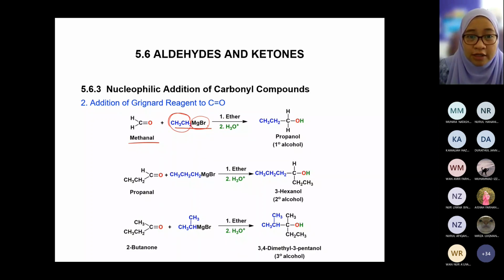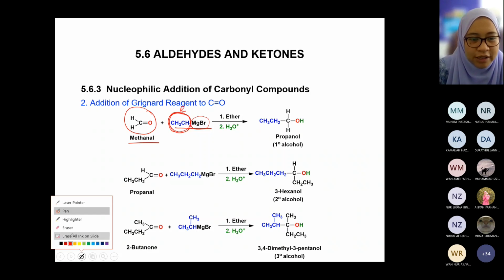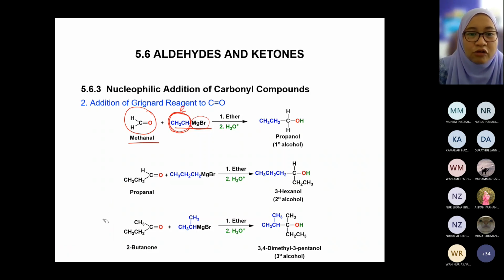Okay, dia nak masukkan this R group into this molecule, into methanol. Nak memanjangkan rantai lah. Ini nama lain untuk this Grignard reaction, also known as lengthening the chain. Boleh memanjangkan rantai. Okay, alright. So, kenapa dia kata a good nucleophile for Grignard ni? Sebab apa?